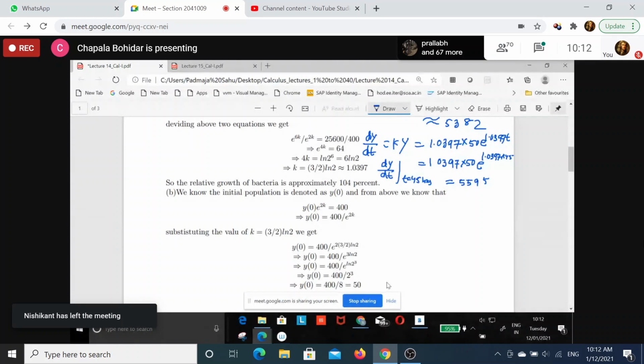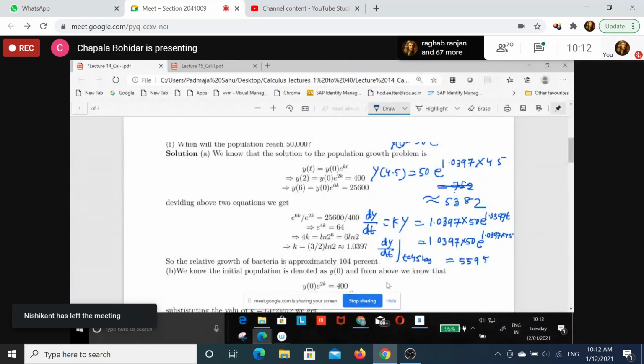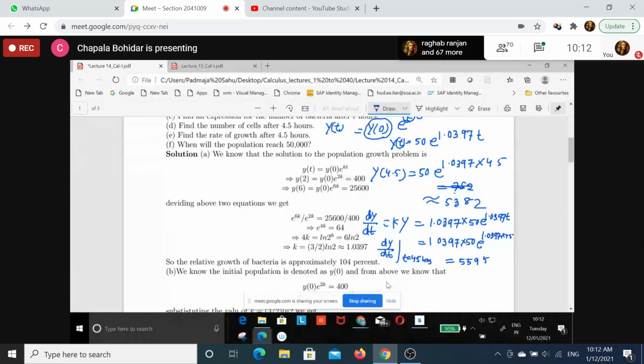The last part is asking, when will the population reach 50,000? What will we do? Here 50,000 is equal to 50 e to the power 1.0397 into t.